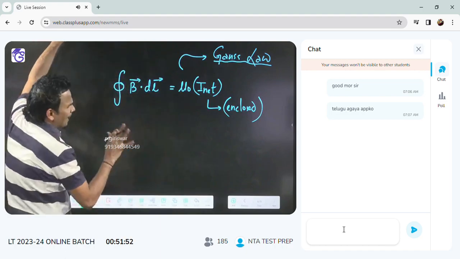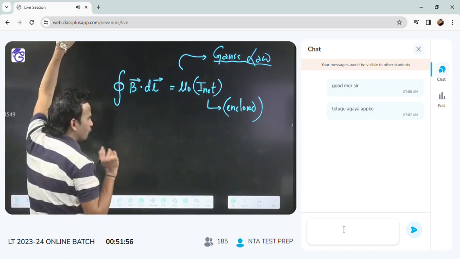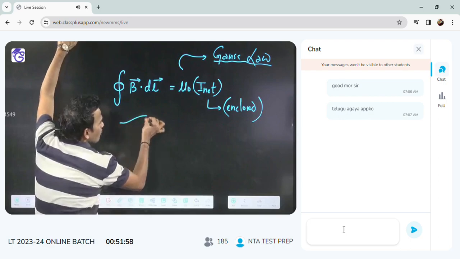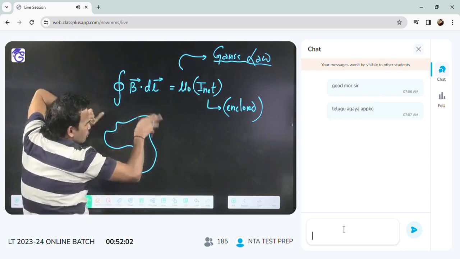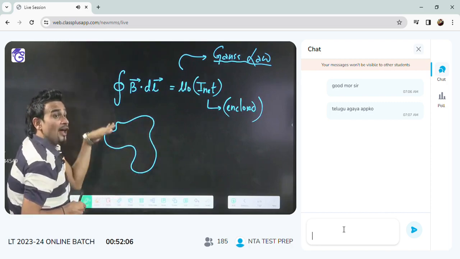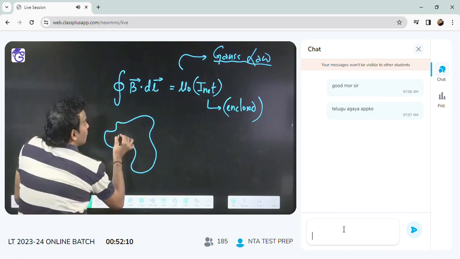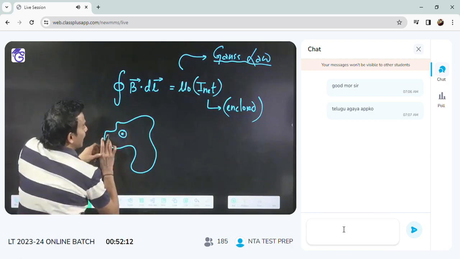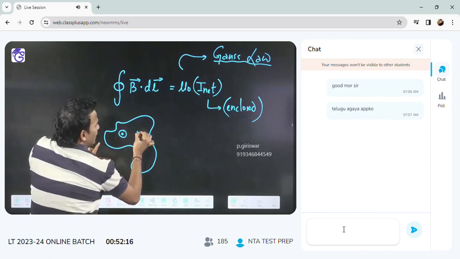Means what I'm trying to tell: for example, assume I have one closed loop, of any shape. Now, two types of current will be in the loop. Some wires will have current outward, some wires will have current inward.